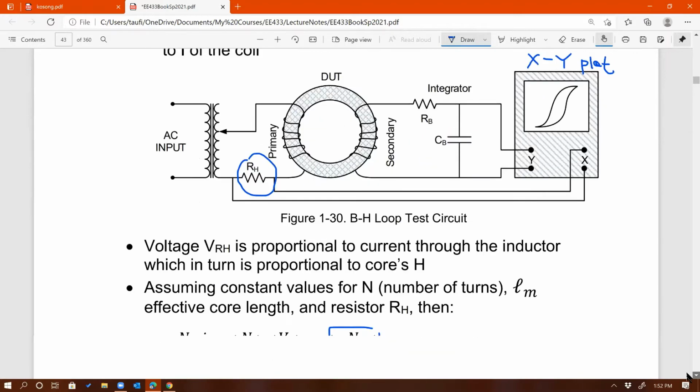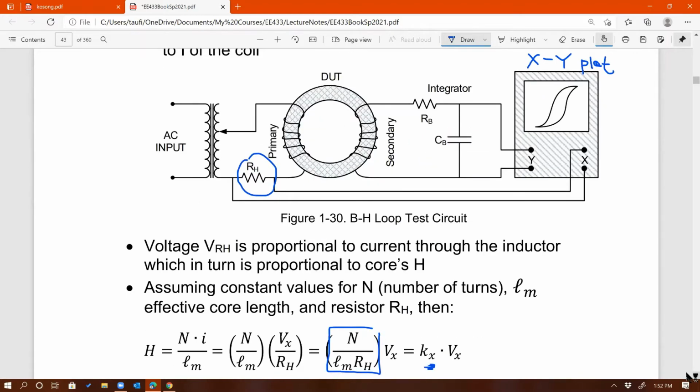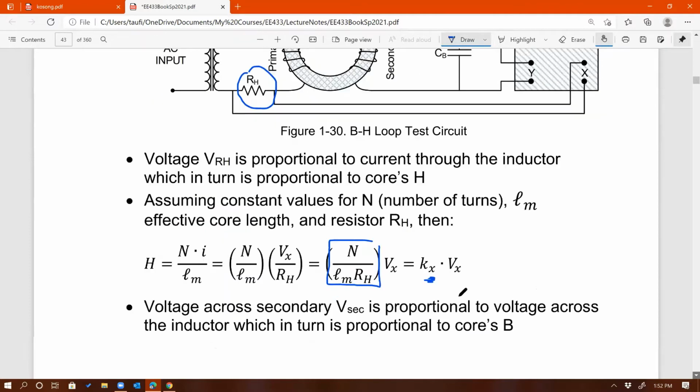So therefore, you are plotting, in this case, Vy versus Vx. Okay, so that's the H part, which is related to I. Any question on this? And oh, sorry, here's the final relationship between the two. That's how I know that the voltage that we measure will be a scaled up or scaled down version of H.